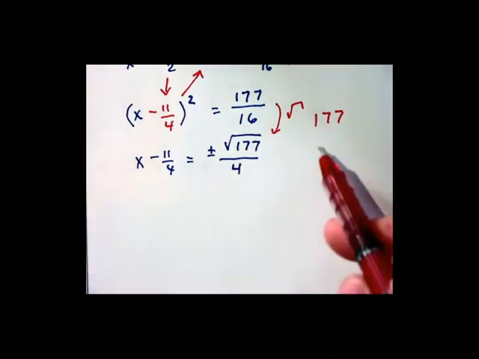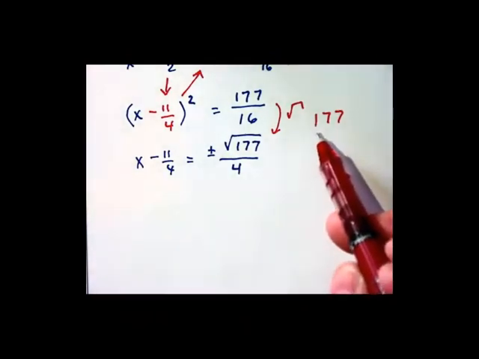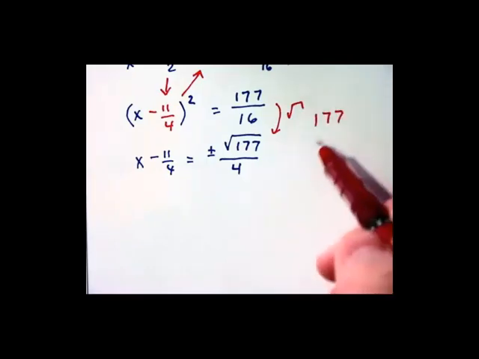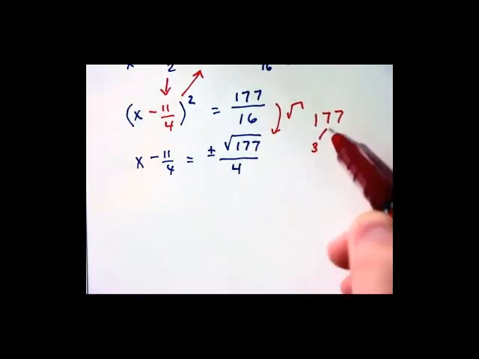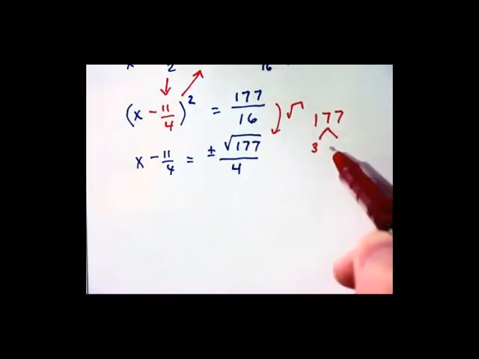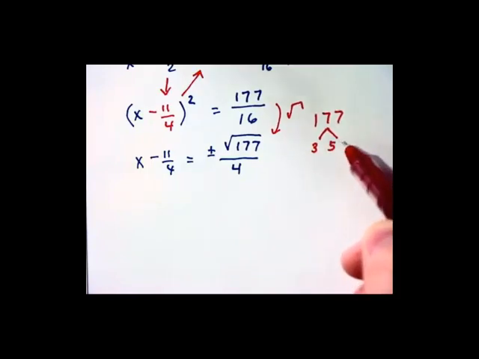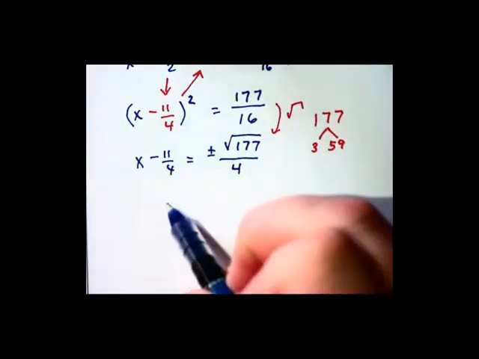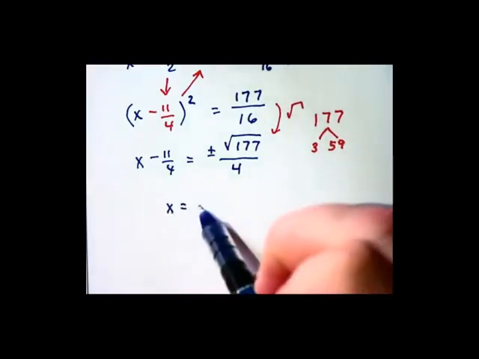We know that the trick for divisibility by 3 is to add up the digits. 1 plus 7 plus 7 is 15, and since 15 is divisible by 3, that number is divisible by 3. And it turns out it's 3 times 59, and that baby's not going to break down in any appreciable way for us. So we're just going to leave it as root 177.